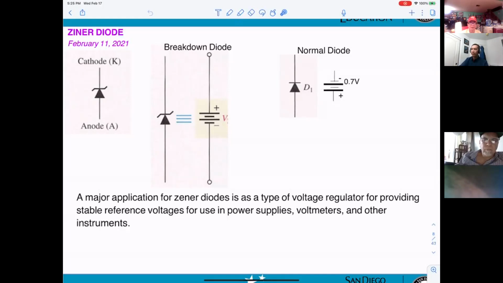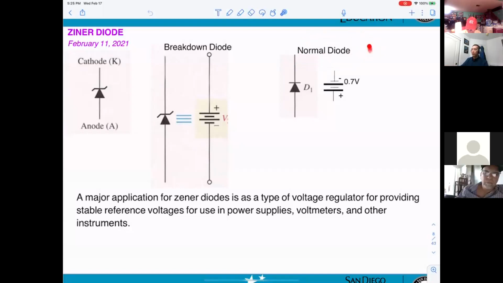Also, a Zener diode can work like a normal diode. If it's working as a normal diode, then this side will be positive and this side will be negative, and the same thing, it will be 0.7 volt for a silicon diode.